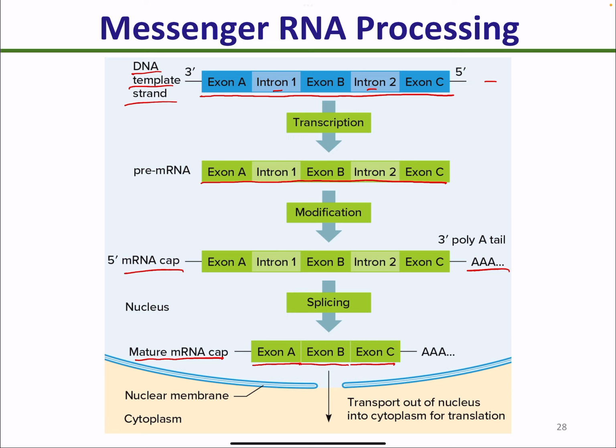But in alternative splicing, we can very well have another messenger RNA that only has exon A and C, but not exon B. Another messenger RNA that is going to have exon B and C, but not A. Another that is going to have exon A and B, but not C. It's amazing what the body can do, right?